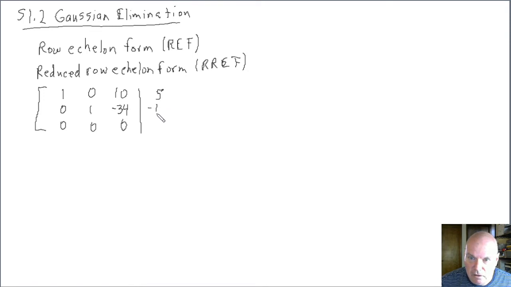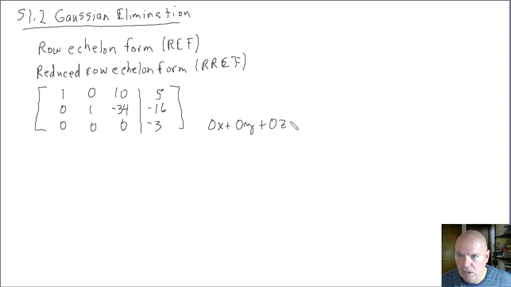5, minus 1, 6, minus 3. But don't forget, this augmented matrix corresponds to an equivalent linear system of equations. Now, in particular, anytime you have a case like this with all zeros in the coefficient matrix part and a non-zero term in the constant part of our augmented matrix, that row corresponds to 0x plus 0y plus 0z is equal to minus 3, or 0 is equal to minus 3.